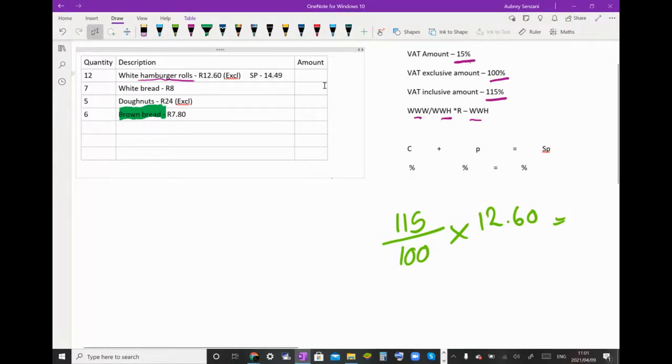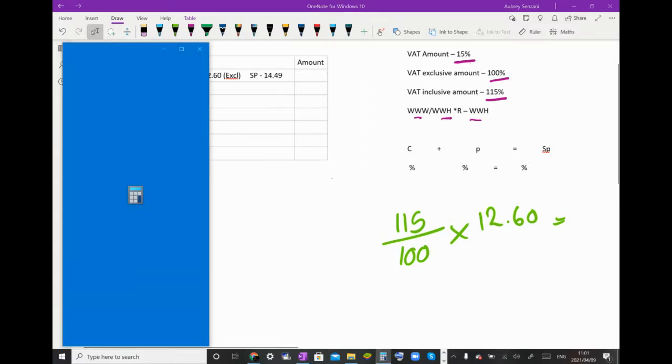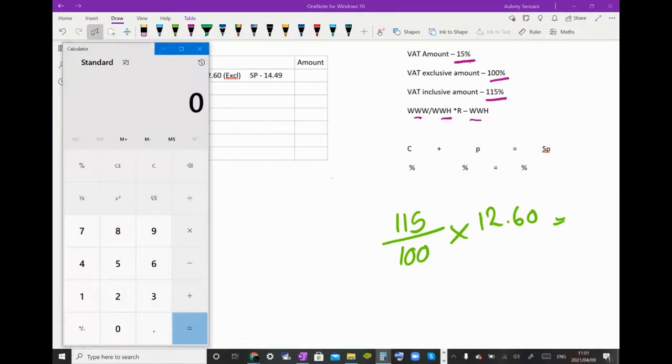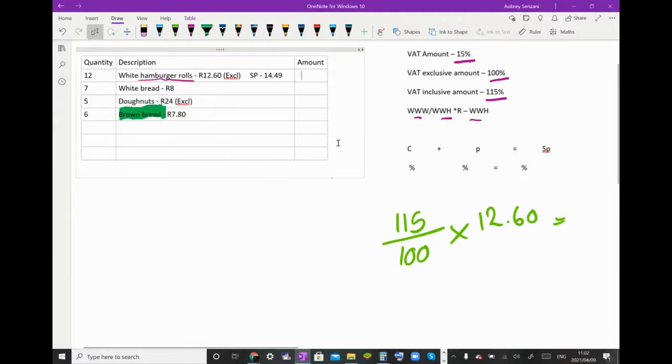So 14.49 times 12, because we have 12 dozens, and we get the same amount that was calculated, 173.88, but I just wanted to show everybody how we get there. So we've dealt with that.